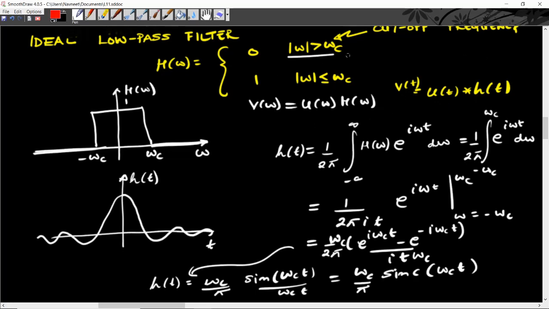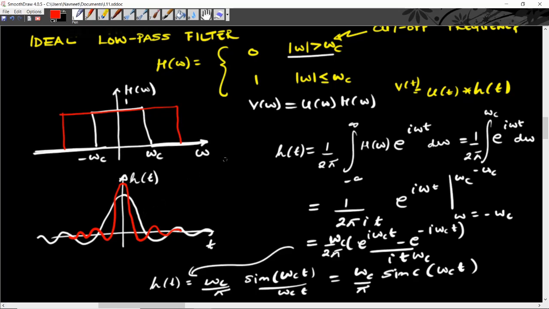Another point to note is that if we have a higher value of the cutoff frequency, that means my transfer function is broad in frequency domain, then from the uncertainty principle, we know that my sinc function would be narrow in time domain, and vice versa. So if you have a narrow transfer function, then the impulse response function would be wider in time domain.